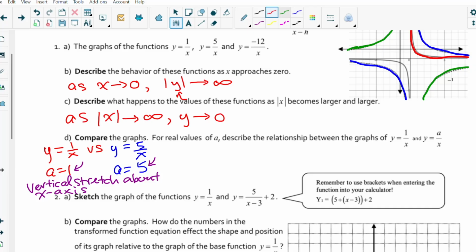Okay, let us compare y equals 1 over x versus, in green, y equals negative 12 over x. This is a equals negative 12, and for the original function, that's a equals 1.